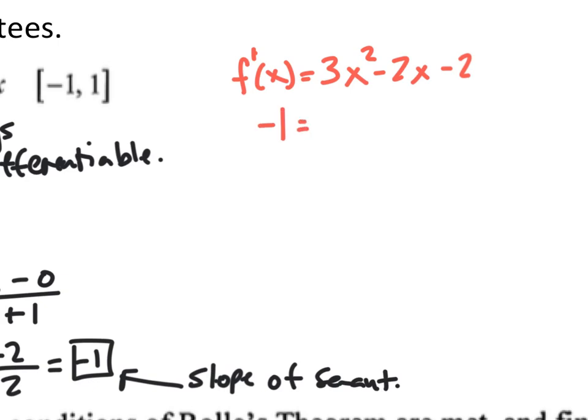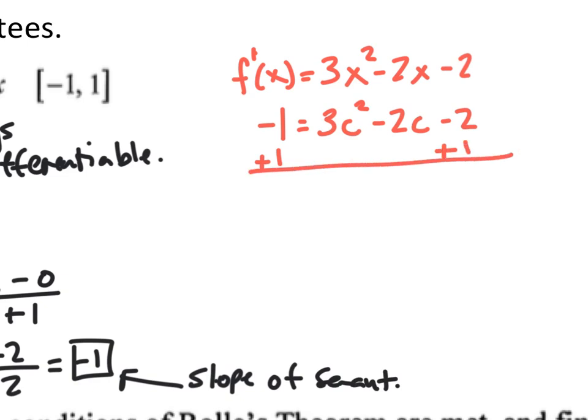Now I'm going to plug in c for x, because that's what we're trying to find based off of our theorem. So I've got 3c squared minus 2c minus 2 equals negative 1. I'm going to add 1 to both sides, and I get 0 is equal to 3c squared minus 2c minus 1.